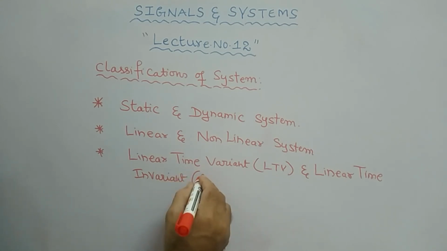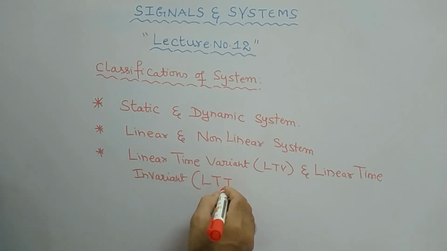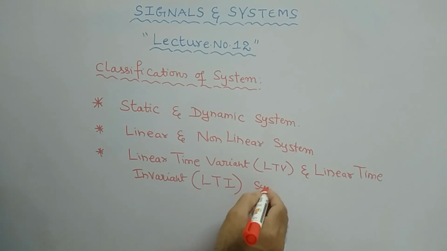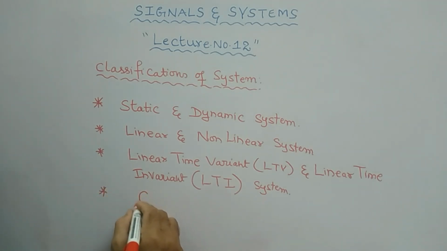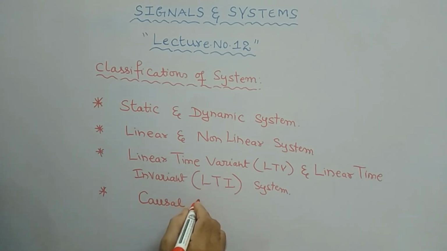Linear time invariant, that is LTI system, right? Very important system. And the next classification is the causal system, another very important one.